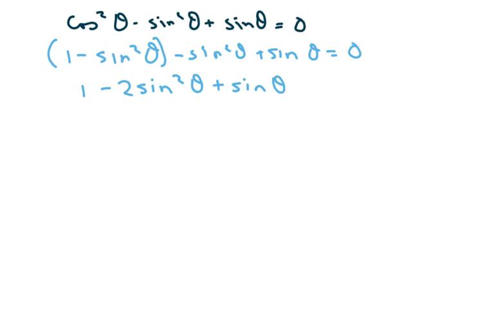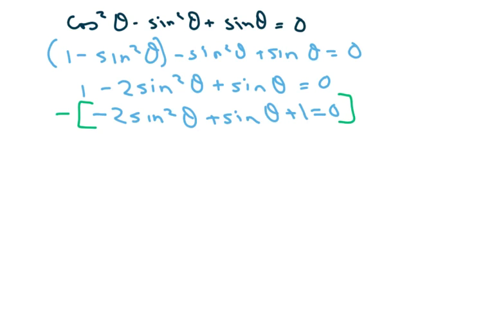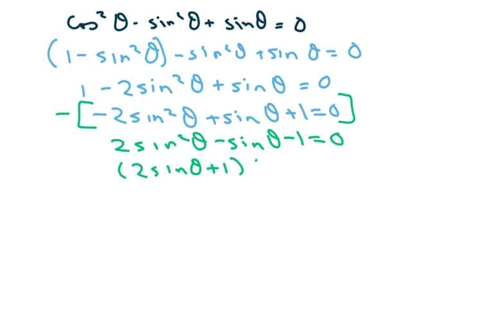I'm going to rearrange this and get -2 sine squared of theta plus sine of theta plus 1. I don't like my lead to be negative, so I'm going to negate everything. And then it's very similar to one we've already done, and I'm going to just factor this out as 2 sine of theta plus 1 times sine of theta minus 1.